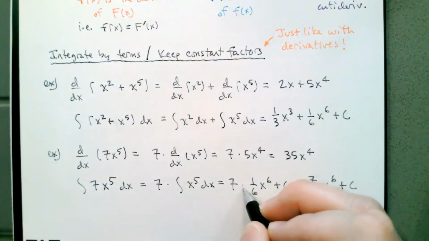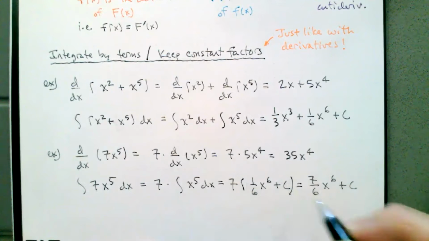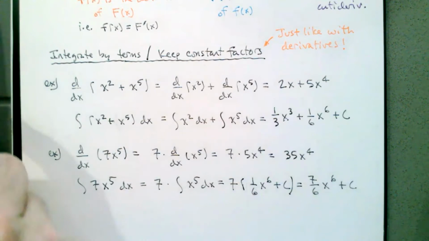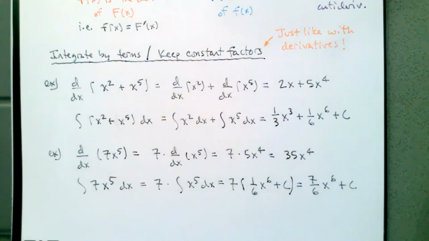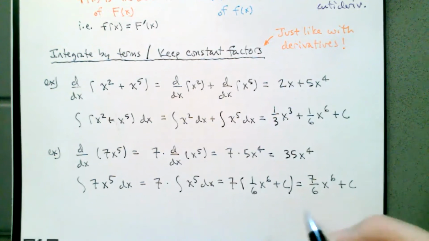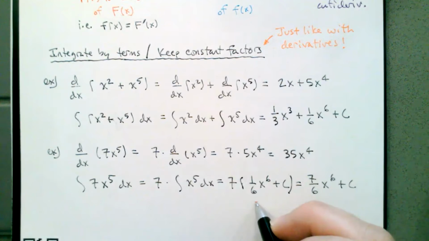So if we look at it this way, we have to remember that c is an arbitrary constant. So multiplying an arbitrary constant is just another arbitrary constant. 7 times an arbitrary constant is just some other arbitrary constant.